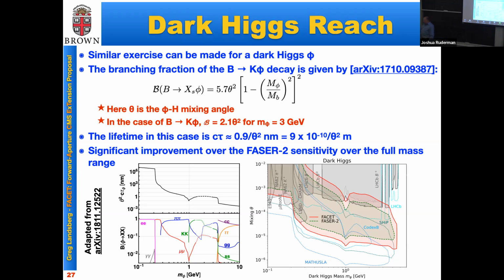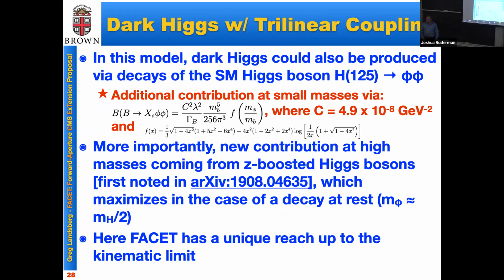But the real killer case is the dark Higgs with trilinear coupling, where in this model you could actually have the Higgs H125 decaying into a pair of these dark Higgses. And that gives you an additional source of the production process, just the large number of Higgs bosons produced at high luminosity LHC.